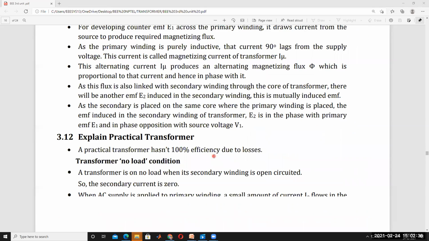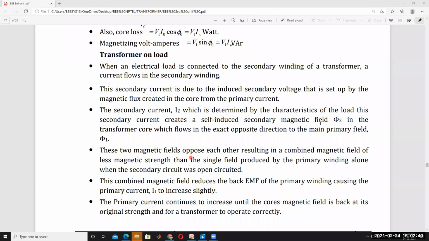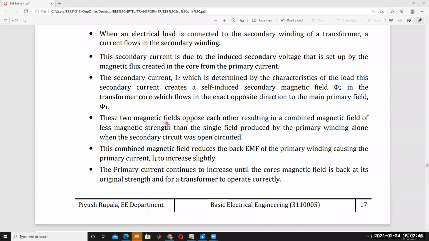Under loaded condition, these two magnetic fields oppose each other, resulting in a combined magnetic field of less strength than the single field produced by the primary winding alone when the secondary circuit was open circuited.